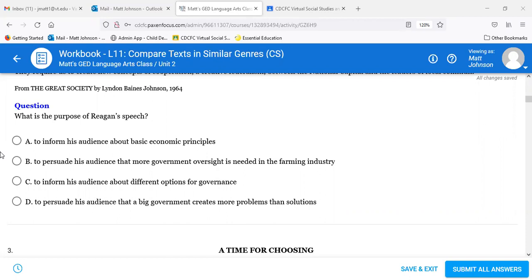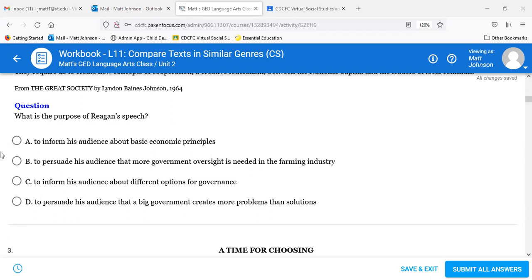Okay. Number 2. It says, what is the purpose of Reagan's speech? A, to inform his audience about basic economic principles.